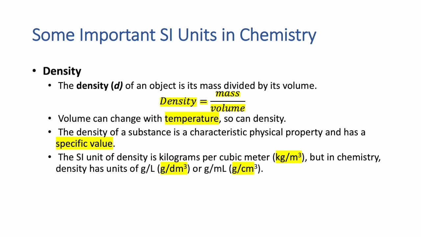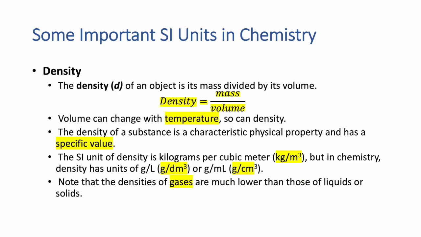Please note that 1 liter is equal to 1 decimeter cube. That's a direct equivalence. And then 1 mL is directly equated to 1 centimeter cube. Also note that densities of gases are much lower compared to those of liquids or solids.